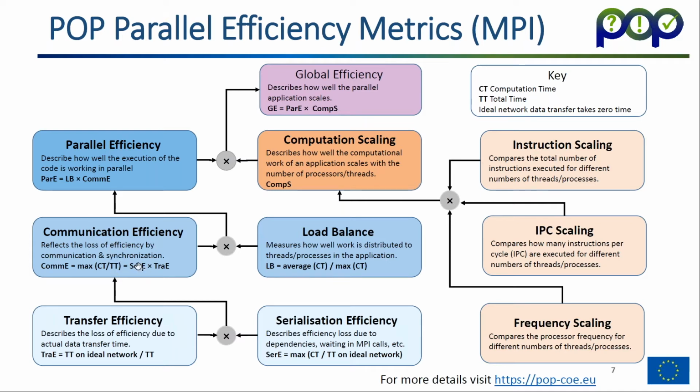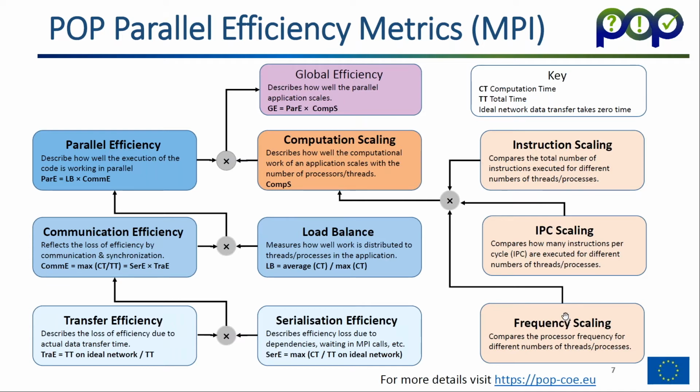And then we can also break out the communication efficiency into parts which are related to serialization effects, where there are dependencies between processes and threads that result in waiting time versus the actual fundamental cost of transferring data and synchronizing those processes. So by combining these different metrics together, we build up a hierarchy that together define the parallel efficiency of the configuration that we're executing.